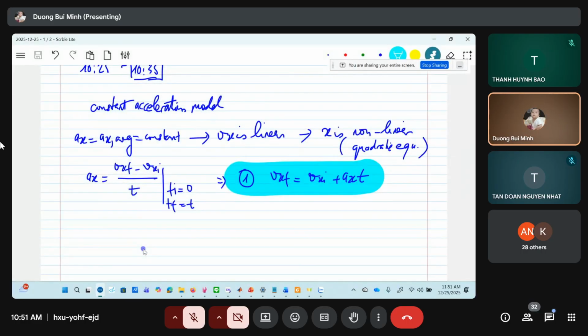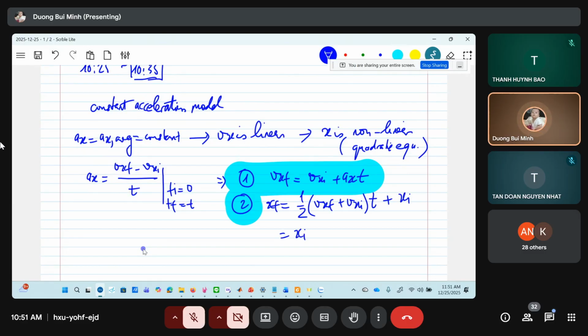Number two: xf is one over two Vxf plus Vxi times t plus xi. Normally we write xi first and then plus half Vxf plus Vxi times t.